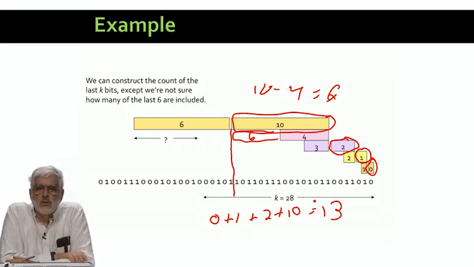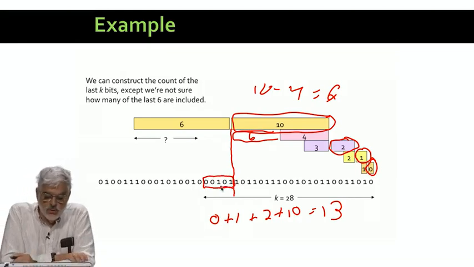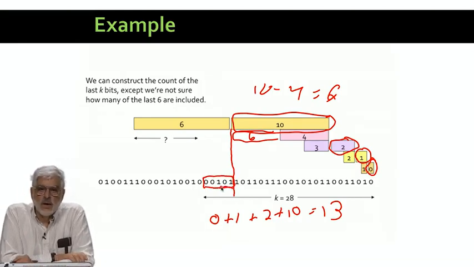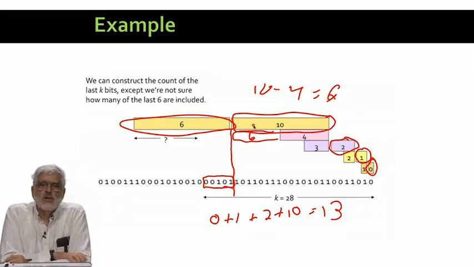Okay, but what do we do about the oldest 5 bits? That is, they're these bits. Now, if we could see the bits, we would know that they're 0, 0, 1, 0, 1, and therefore they have 2 1s. But we don't see them. All we see is that they are part of this block of 16, and we know that block has a count of 6.